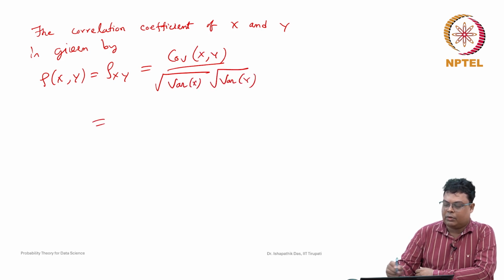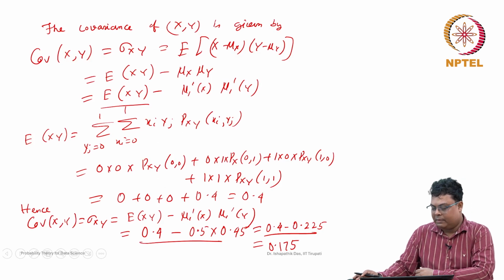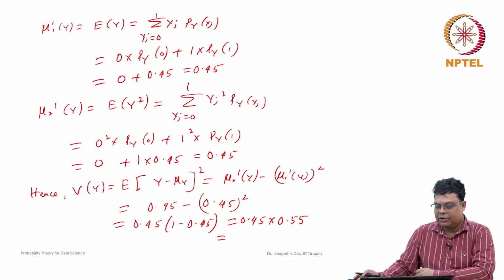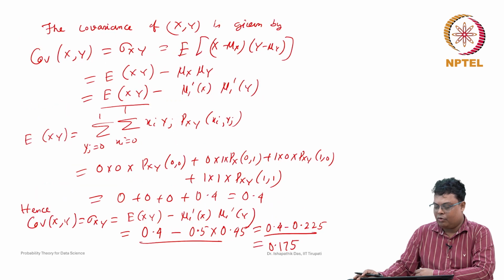So the covariance of xy we found is 0.175, divided by the variance of x. Here we computed the variance of x is 0.25.